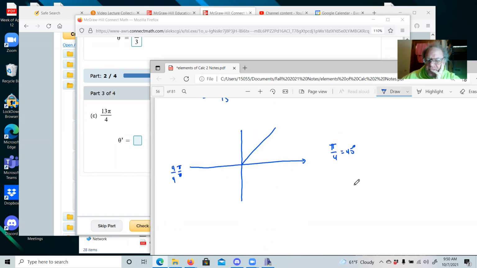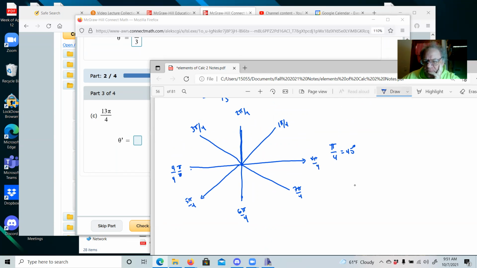Okay, so here we have 1 pi over 4, 2 pi over 4, 3 pi over 4, and 4 pi over 4. All right, and we have 5 pi over 4, 6 pi over 4, 7 pi over 4, 8 pi over 4.